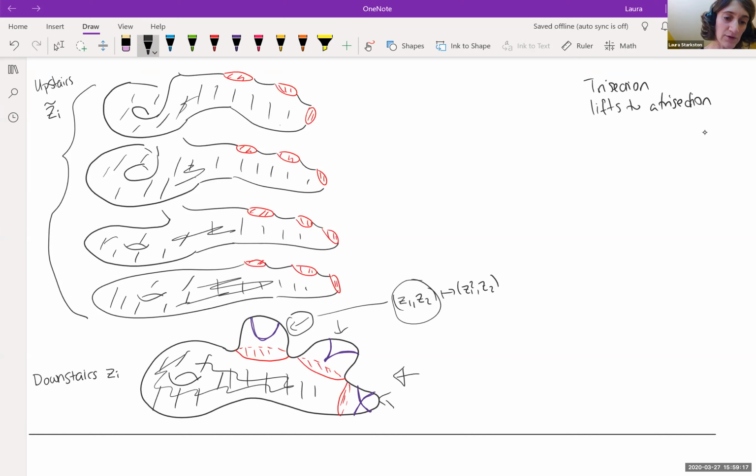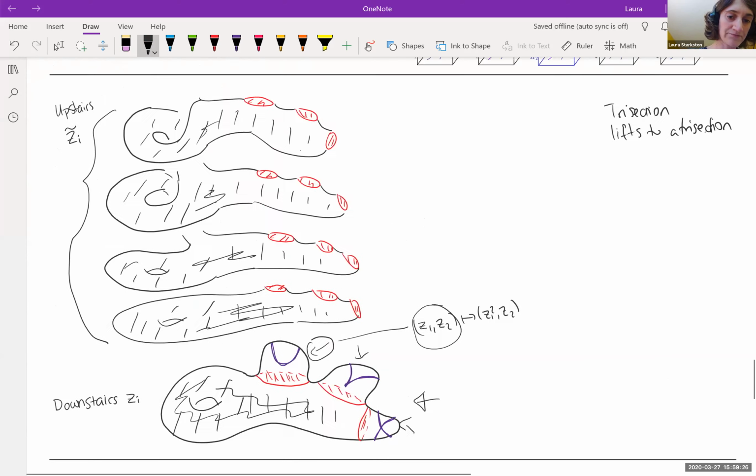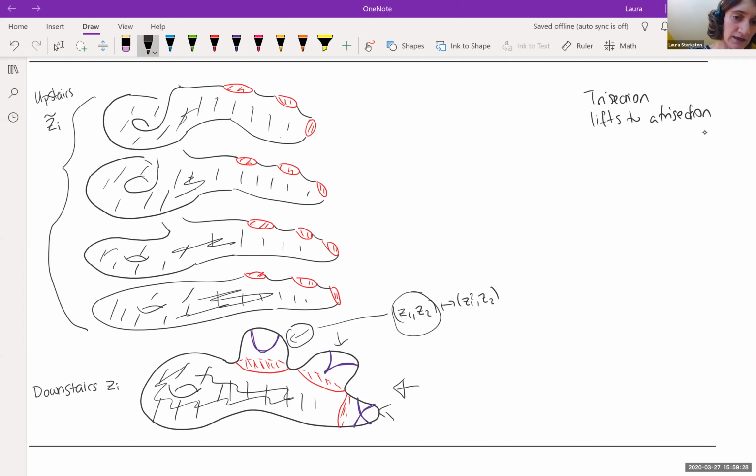That double covering is going to take this red disk on the boundary where it's attached, and that disk is going to be doubled. So the ball is going to appear as some kind of ball with two red boundary disk components. And then here's the critical locus. In my other sheets, I'm just going to have a trivial covering.